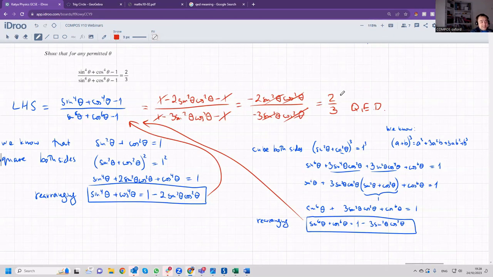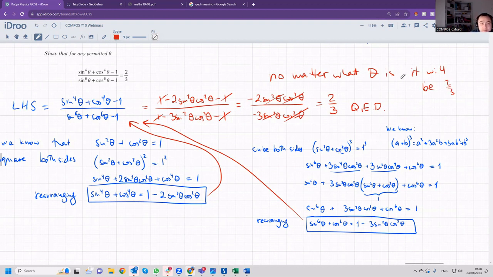In fact, it is equal to 2/3 for any theta. No matter what theta is, the expression will be 2/3.